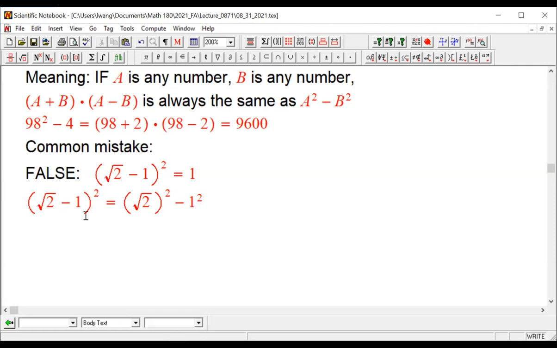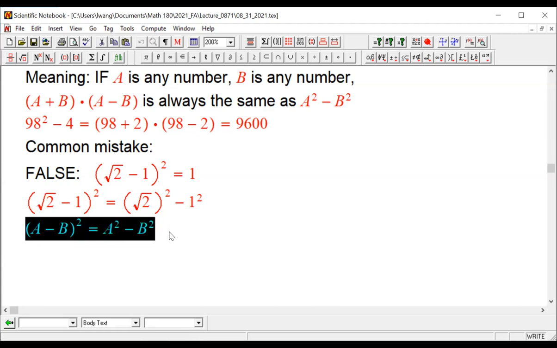To a lot of students, when they see something being squared in the parentheses, they automatically distribute the power to the terms inside, including cases like this. And this is a very common mistake.